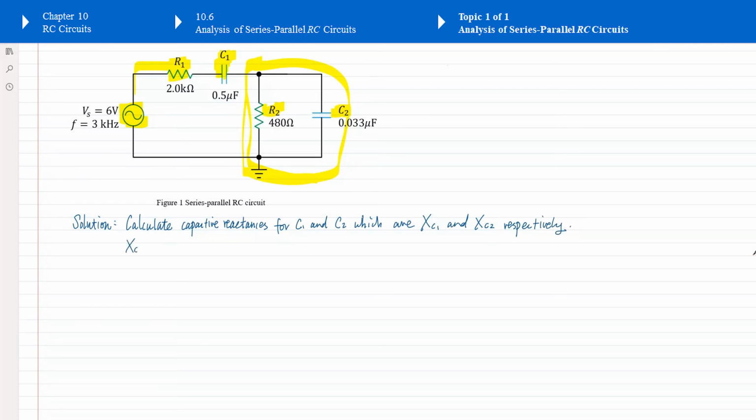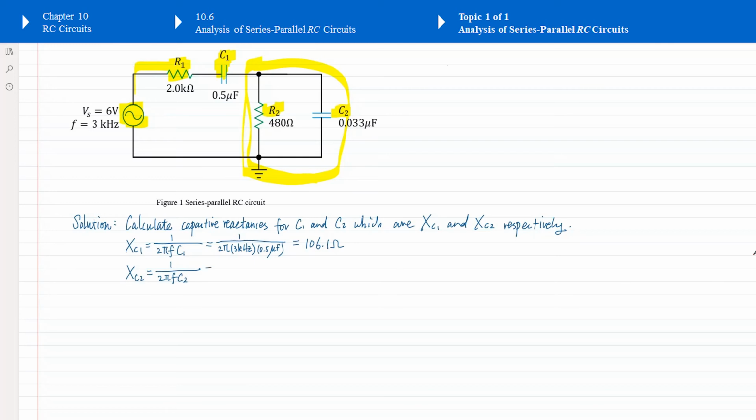We know XC1 equals 1 over 2 pi f C1. That is 1 over 2 pi times 3 kilohertz times 0.5 microfarad. Using a calculator, I got 106.1 ohm.